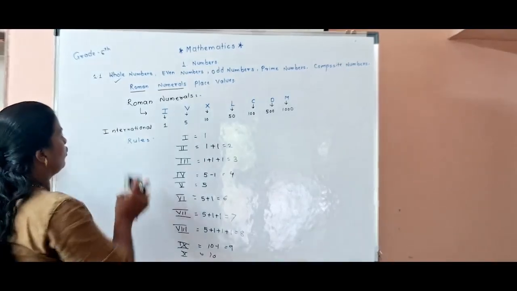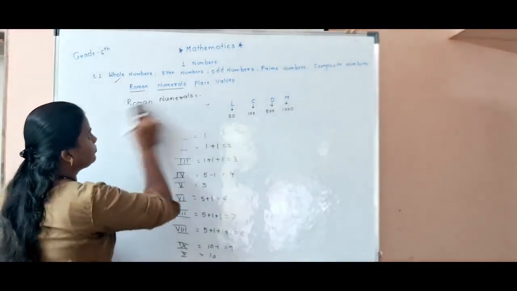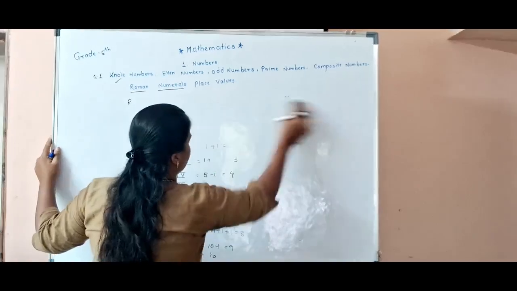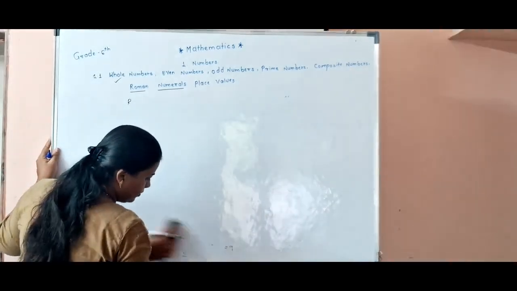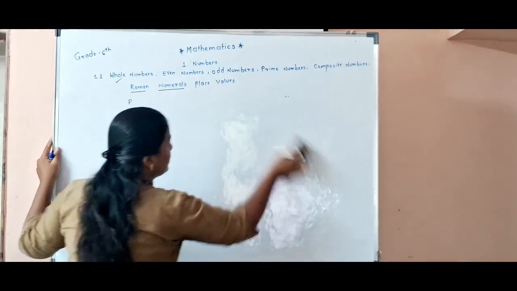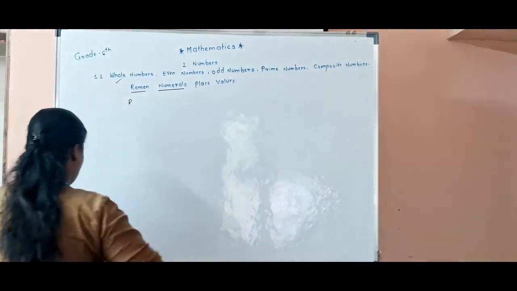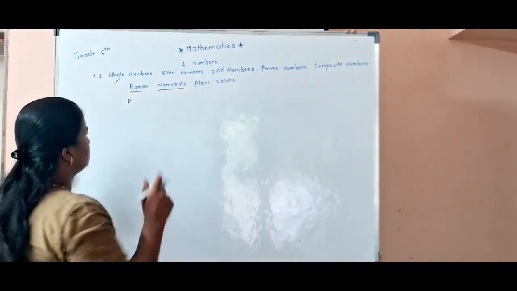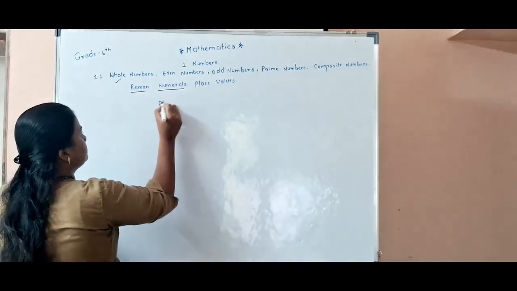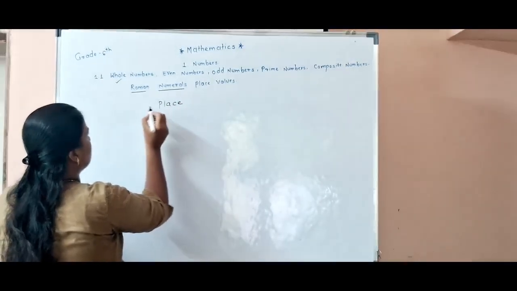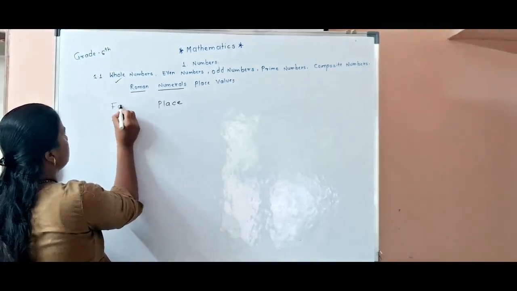Now we will go for place value and face value. Okay, last point, and expanded form is remaining. So, I'll take face value first.